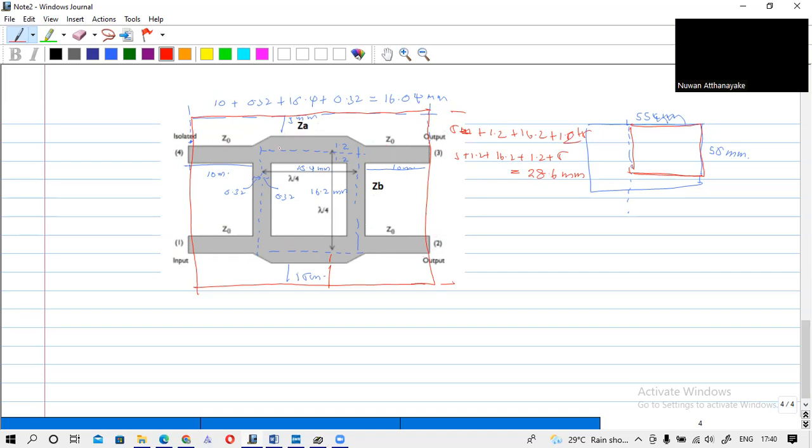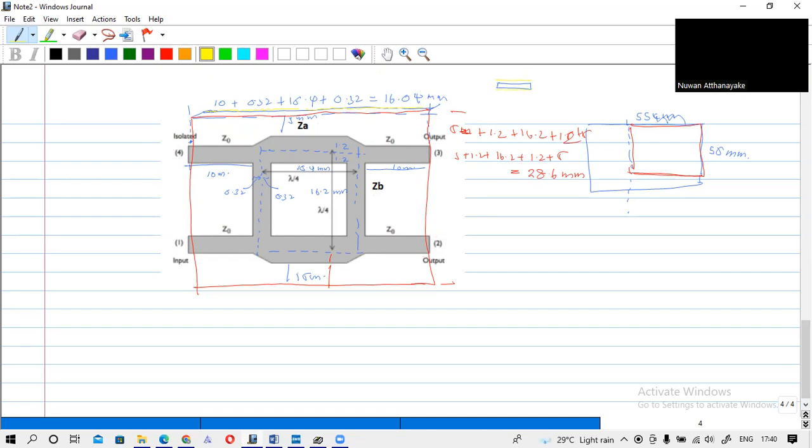If we take this plate, it has a dielectric material like this, and after this dielectric material there is another copper plate. So we have a copper plate here, then our dielectric material, then a copper plate here.